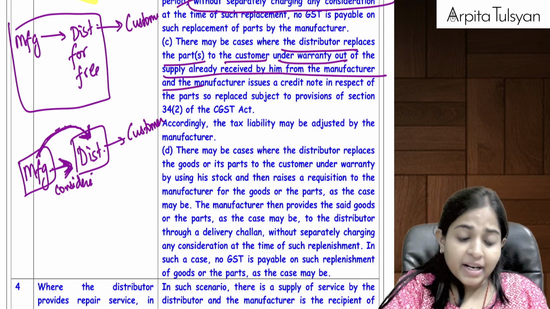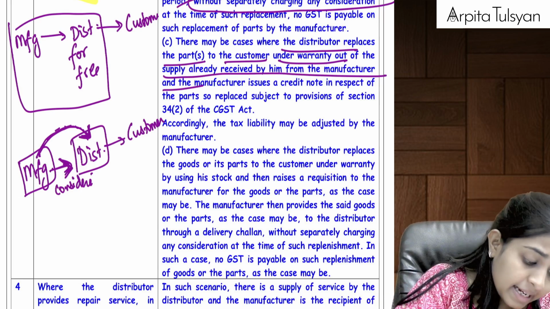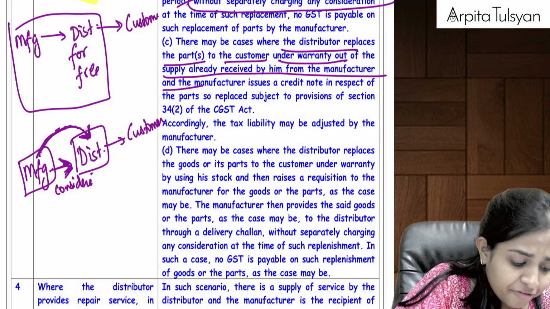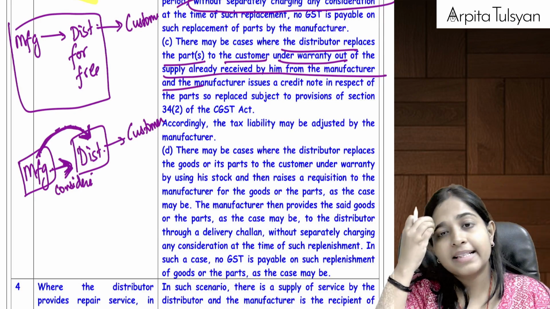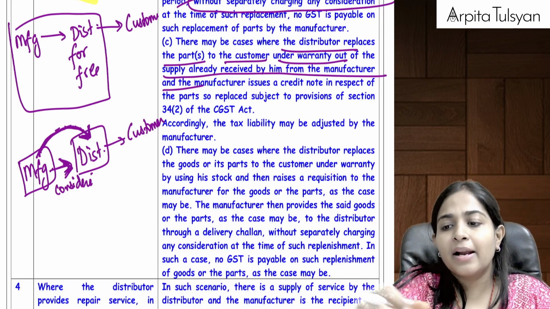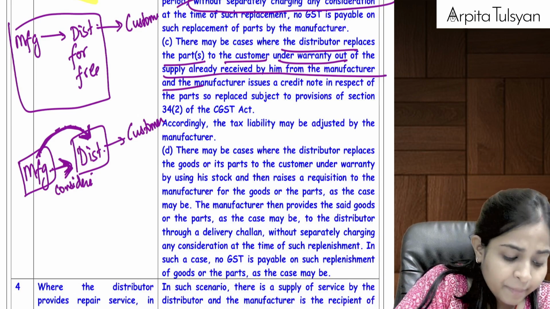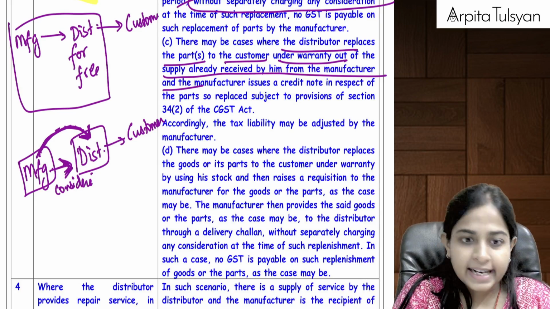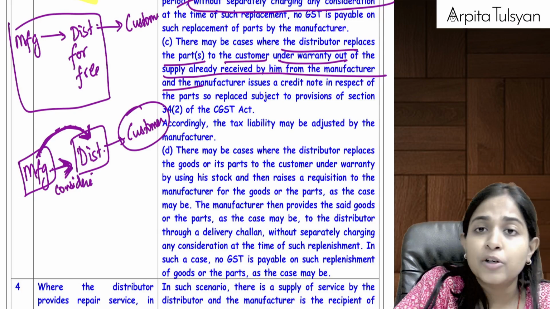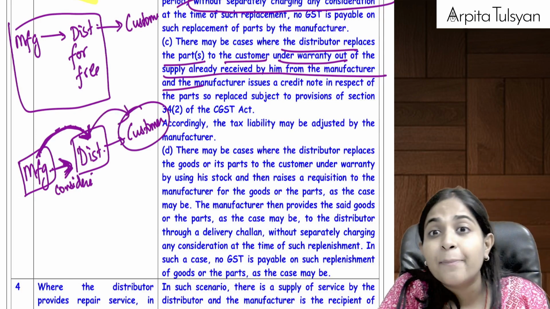And there can be another case where, let's say, manufacturer has given some extra remotes to the distributor for selling, but now a customer comes into picture and he says that I want replacement.